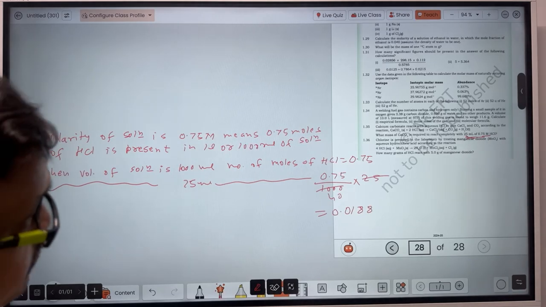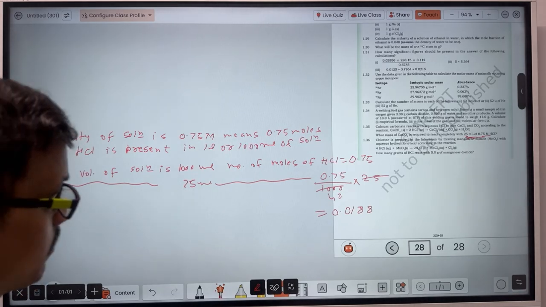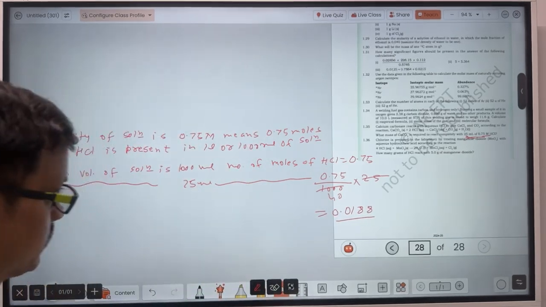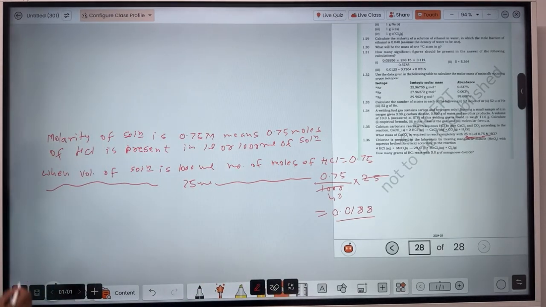That is, volume is this much, number of moles is this much. Okay, then after, let's see.